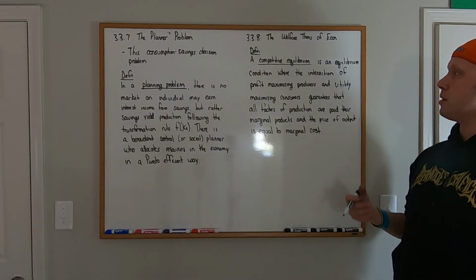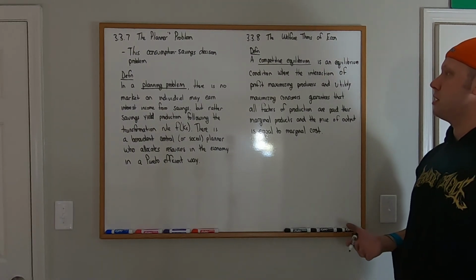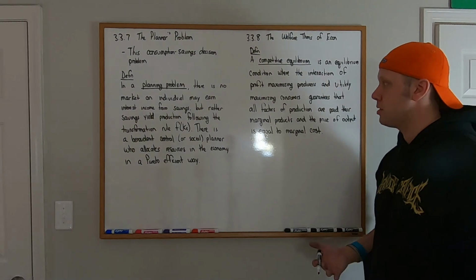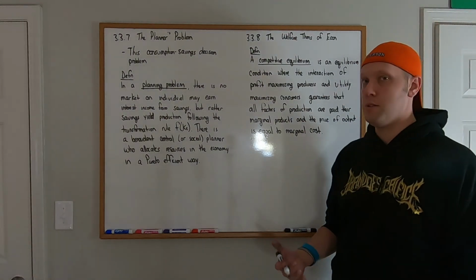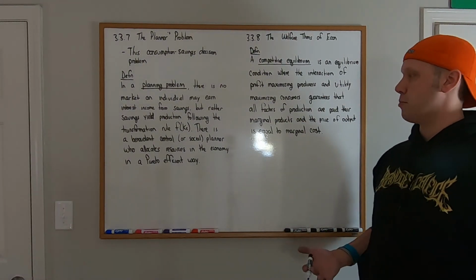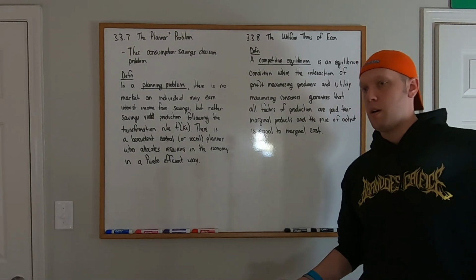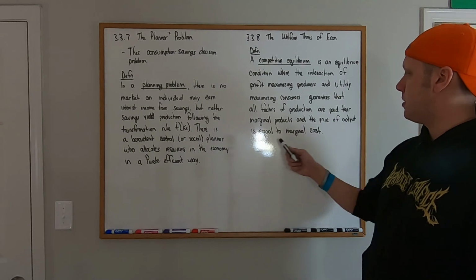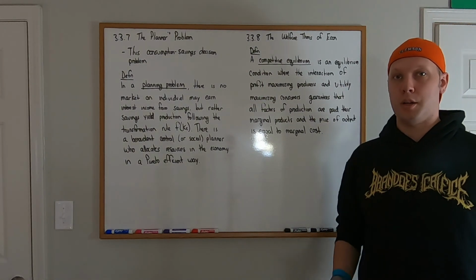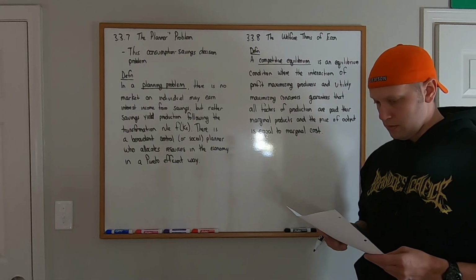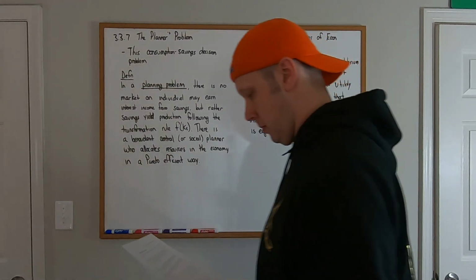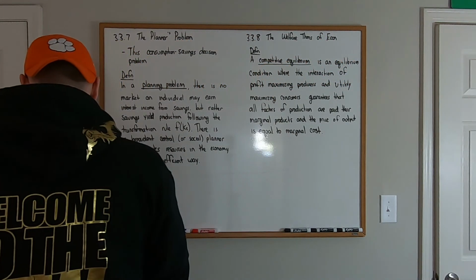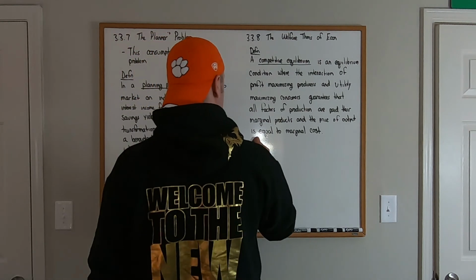A competitive equilibrium is an equilibrium condition where the interaction of profit maximizing producers and utility maximizing consumers will guarantee all factors of production, capital and labor, are paid their marginal products. And the price of output is equal to the marginal cost of production. Let's talk about Pareto efficiency.